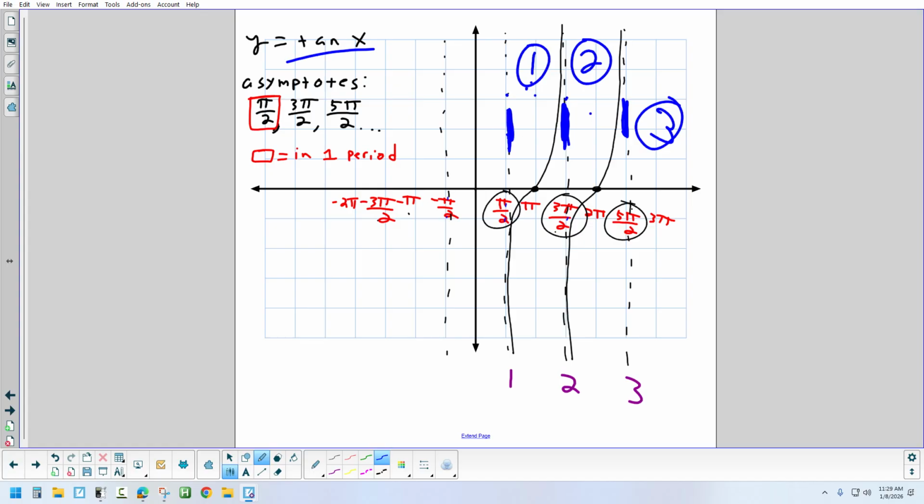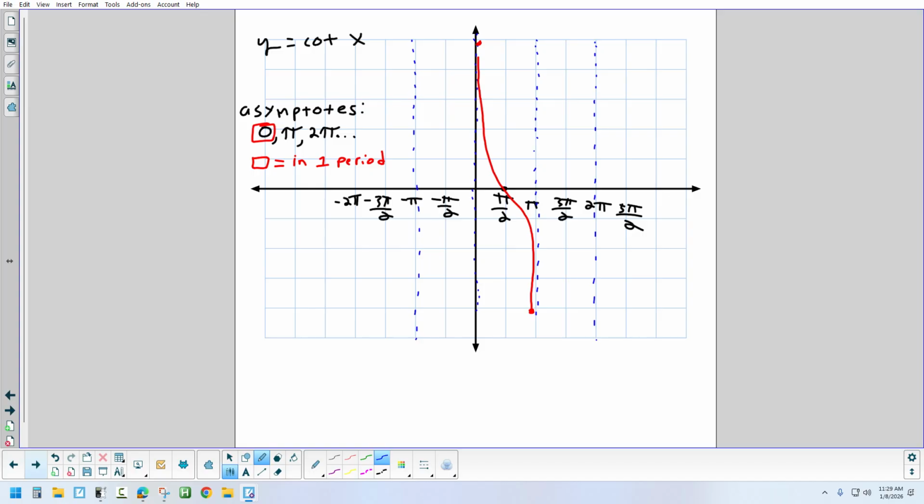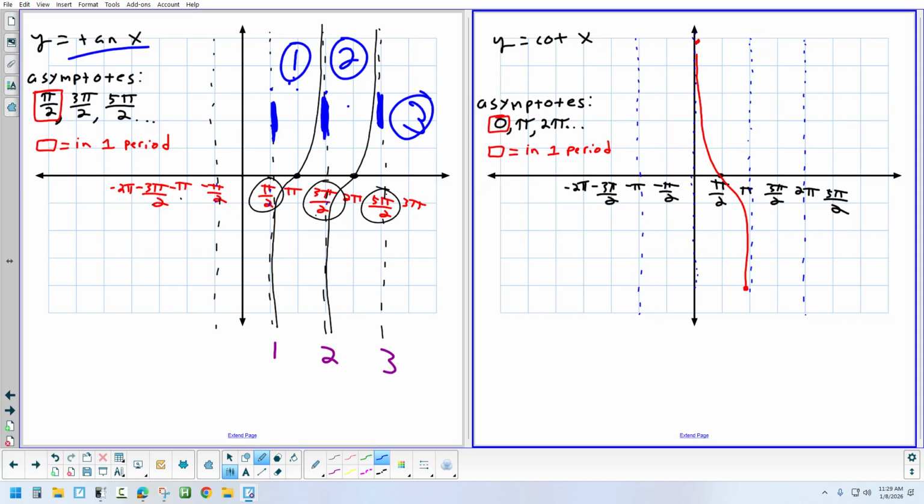So when you graph cotangent, it looks very similar. This is cotangent. What's the difference? It curves the other way. Tangent always kind of curves up to the right. Cotangent curves down to the right.